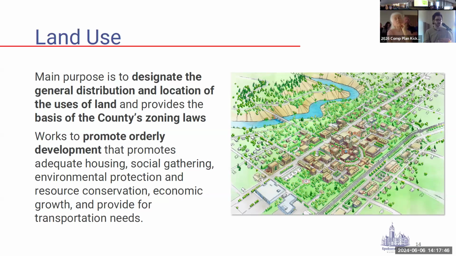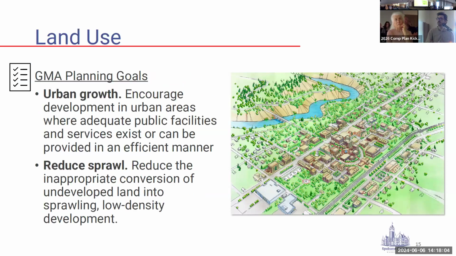But we also look at livability. Are the places that we're planning for, do they promote social gathering? Do they give us good access to work and play and to the natural amenities around us? And it also affects the character of the built environment, such as the architectural character, or the urban form or fabric.